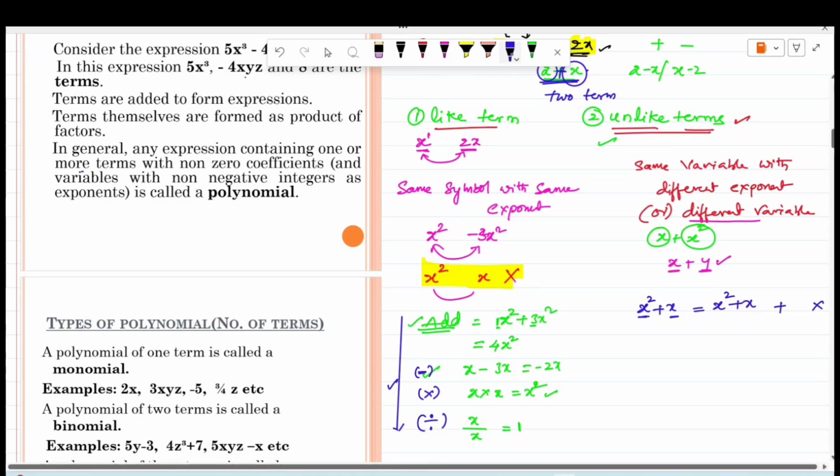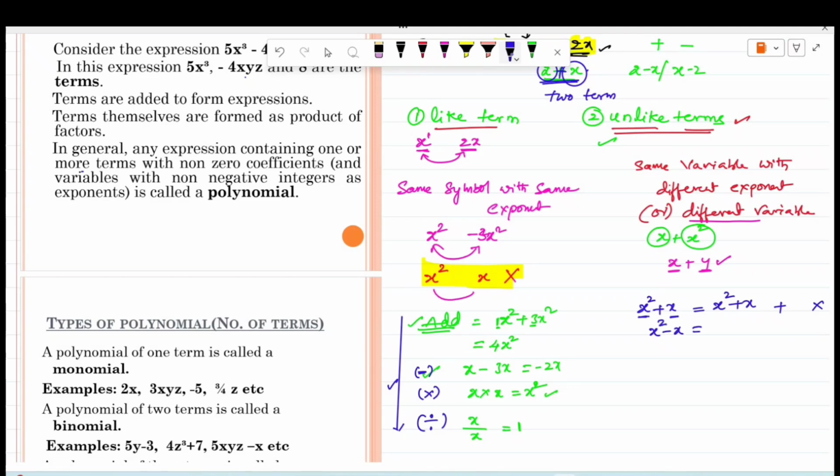Subtraction also: x square minus x cannot be simplified further. With different variables, x plus y still remains x plus y only, and x minus y still remains x minus y only.